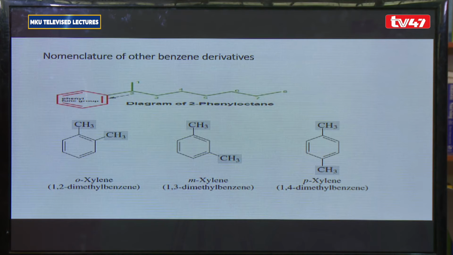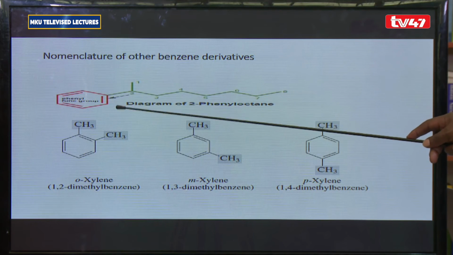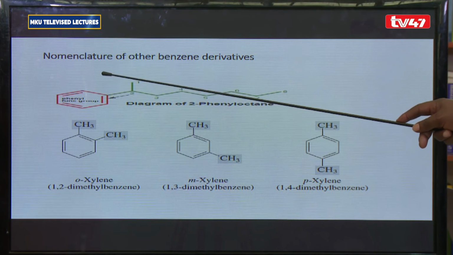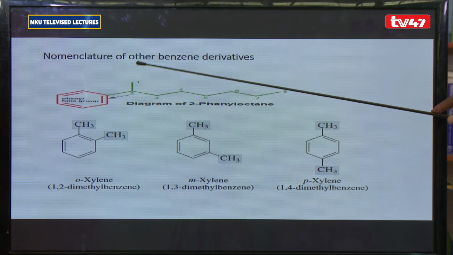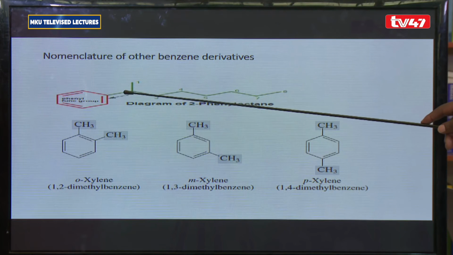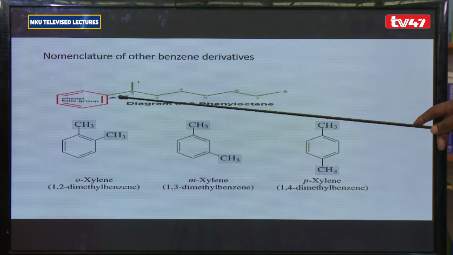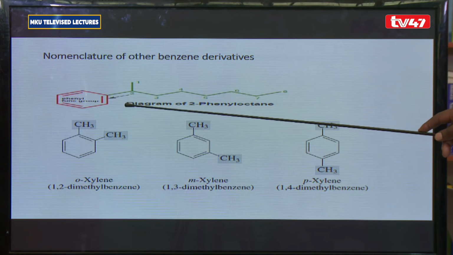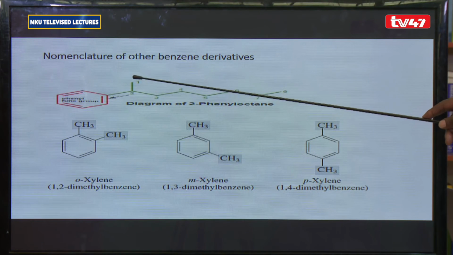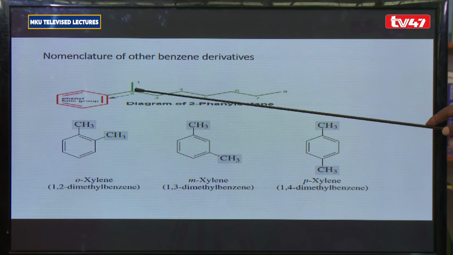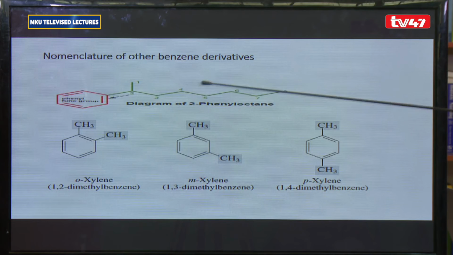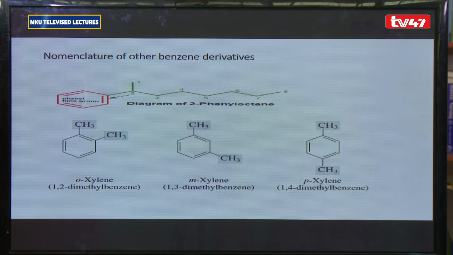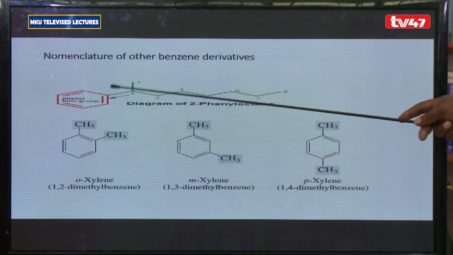which would have been an octyl group. If it was not branched, we would have called this one octylbenzene. However, because of the branching at position 1, we start counting here. At position 1, this is branched. So we look at this as the main chain and benzene as an attachment. In that case, benzene is attached at position 2.